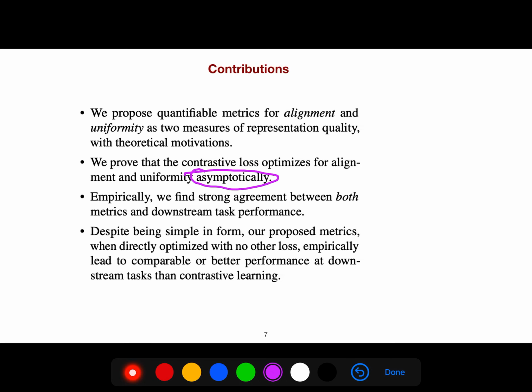We want both of them to be fine, and empirically we find strong agreement between both metrics and downstream task performance. But despite being simple in form, our proposed metrics, when directly optimized with no other loss, empirically lead to comparable or better performance at downstream tasks than contrastive learning.